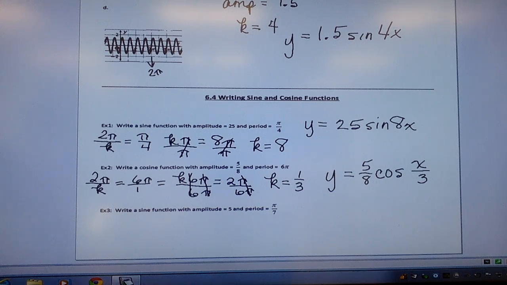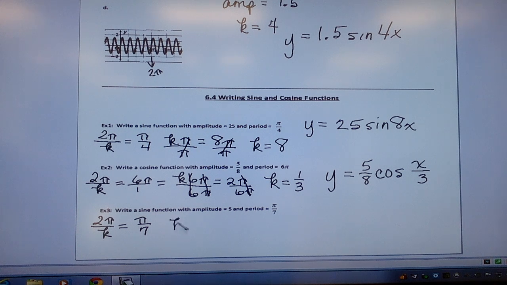I was trying to bring that last one up some. I may not be able to, so I hope that you're able to see it. If not, you can listen. So we have our sine function, amplitude of 5. We need to find k. We have a period of pi over 7. So 2 pi over k equals pi over 7.